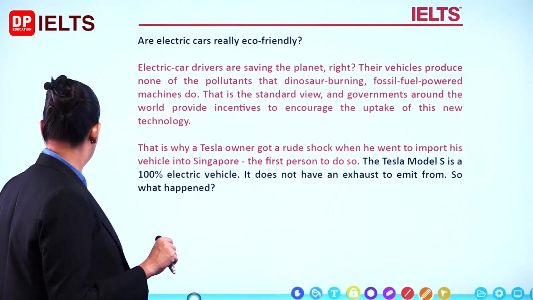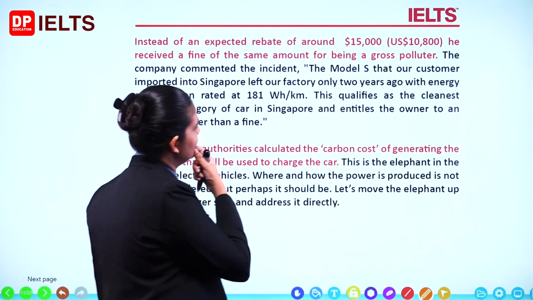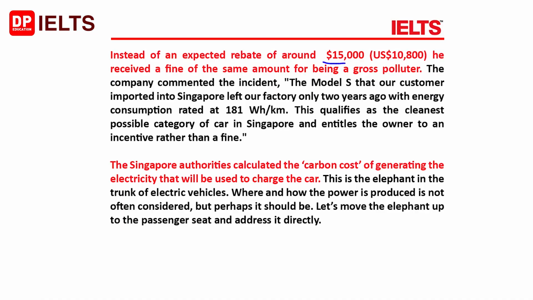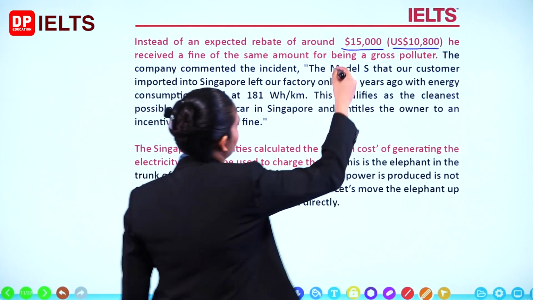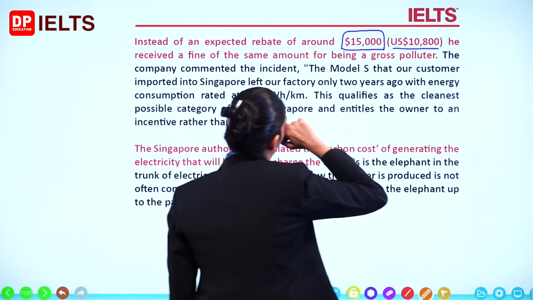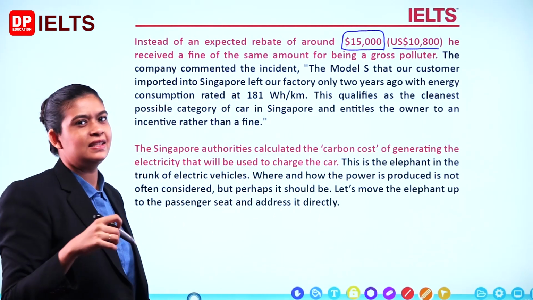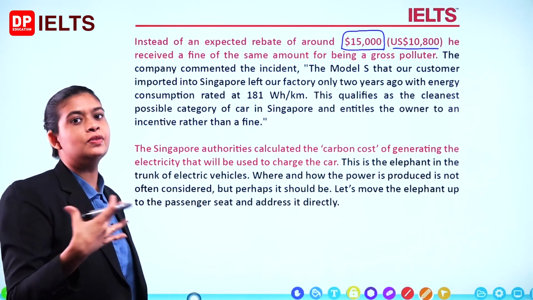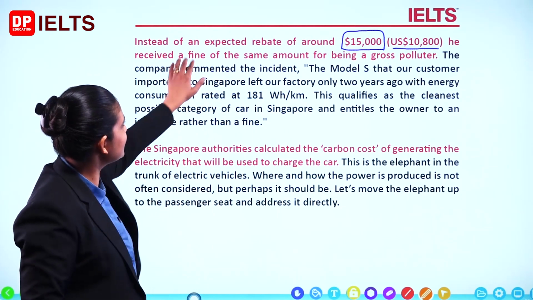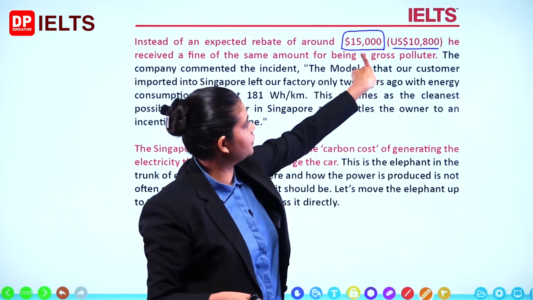We come here. Where can we see these two figures? Here. Right. So, instead of an expected rebate around 15,000, what do you mean by rebate? It means like, in Sinhala, vattama, right? So, it means that you reduce something. So, instead, he expected it to be 15,000.